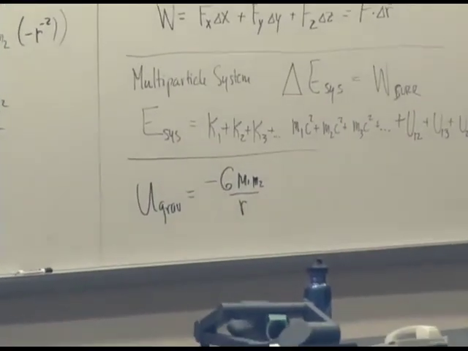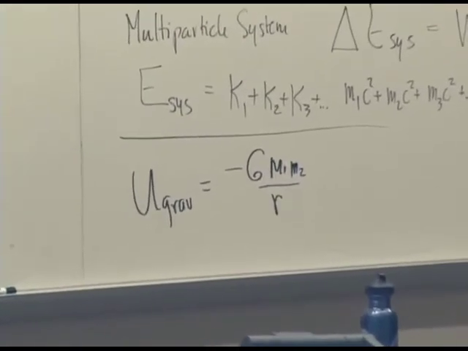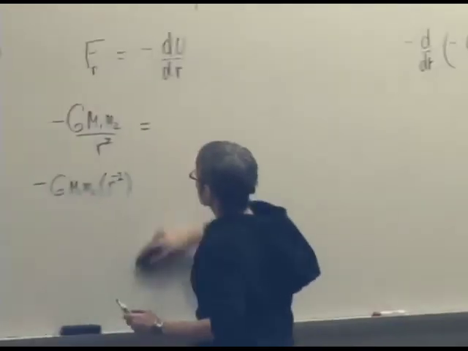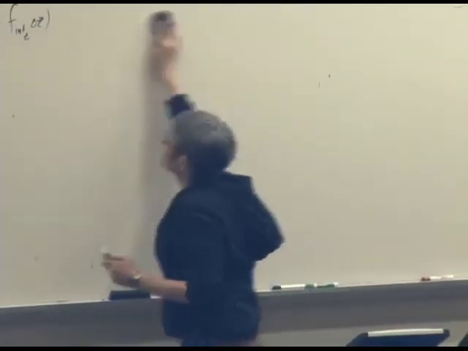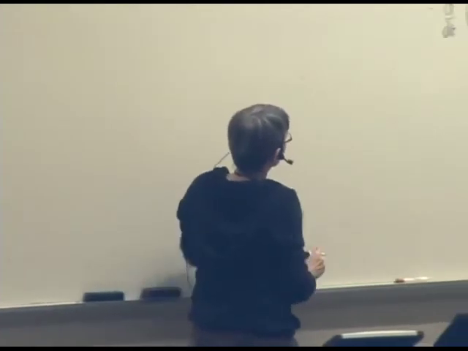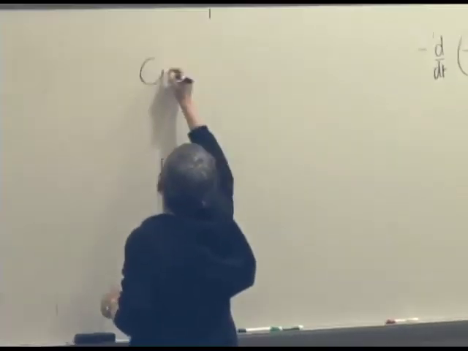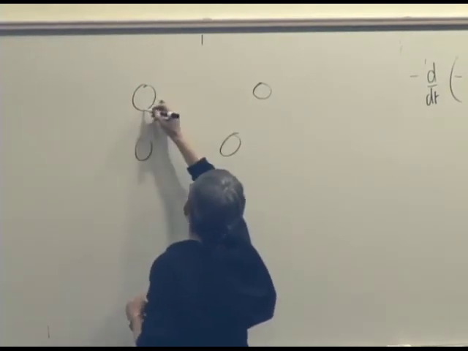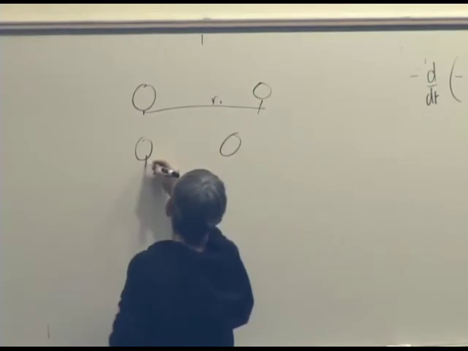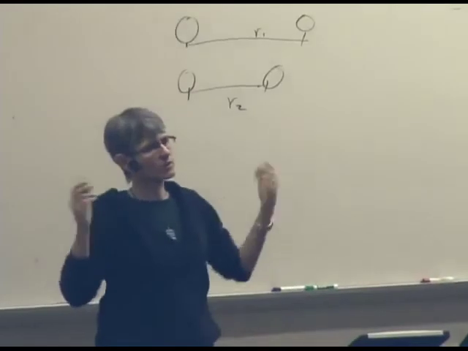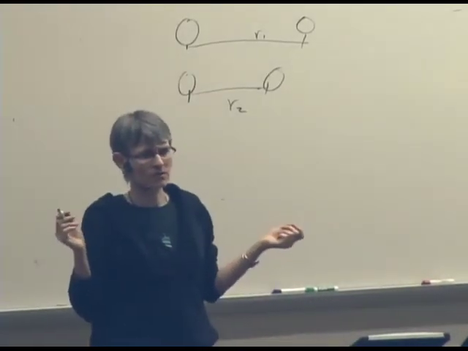Now notice that there's actually another way we could have done this. It's in the textbook, but not necessarily worth writing down. We should have been able to get it another way, because if the distance between two objects changes, from R1 to R2, and we take the gravitational force as an internal force, we could calculate the work done by that internal force.